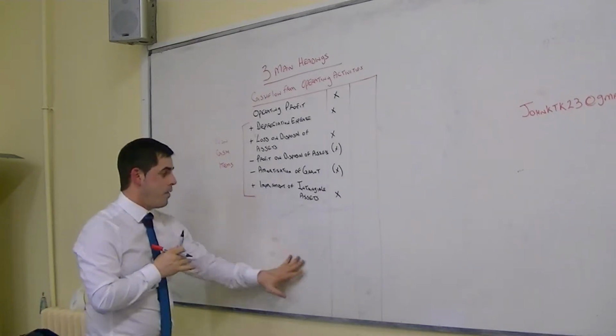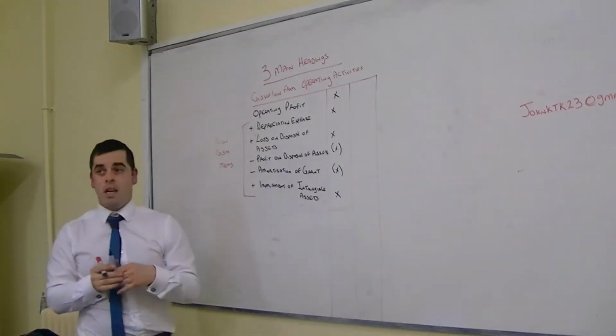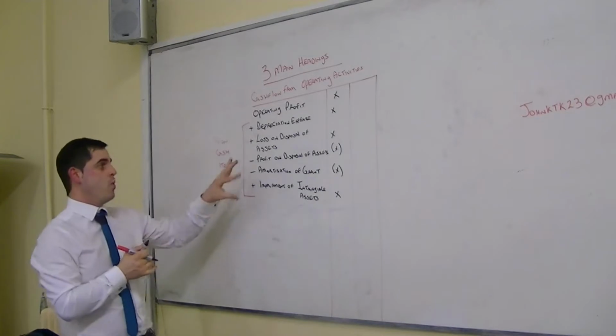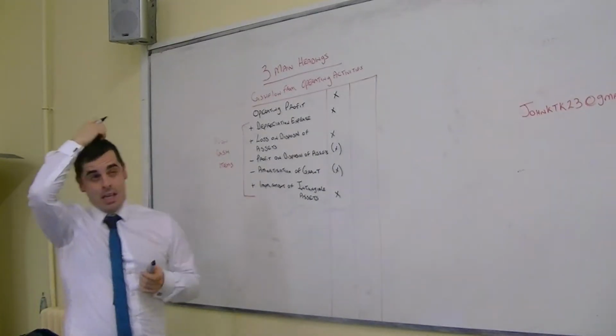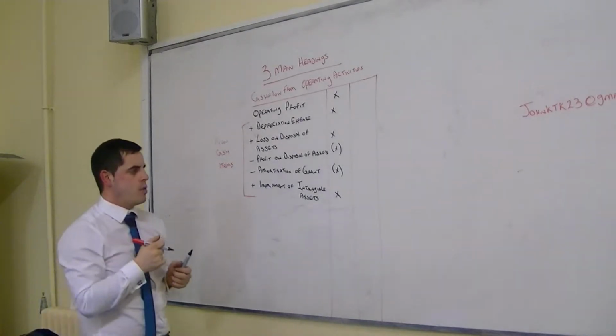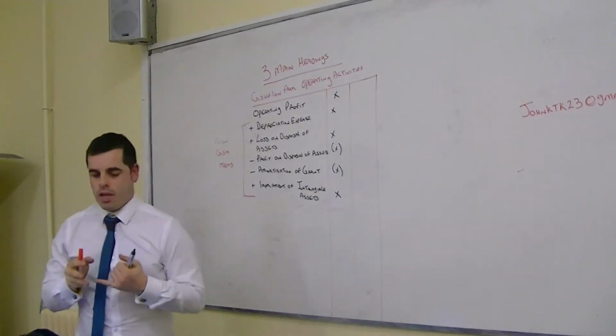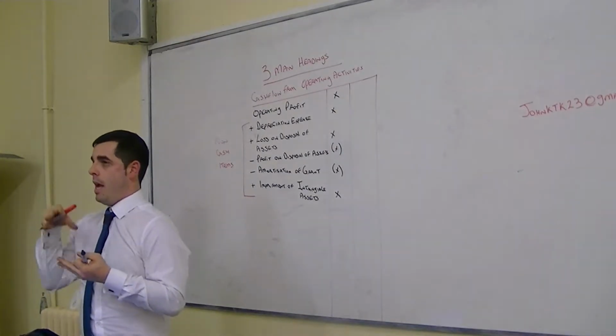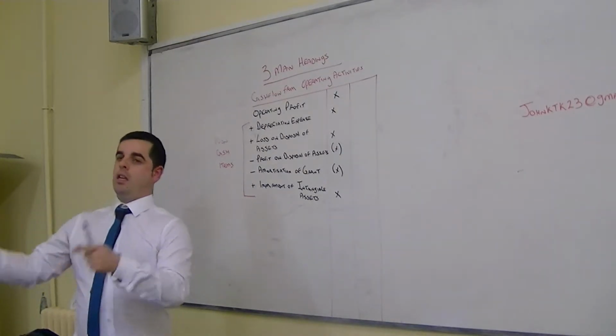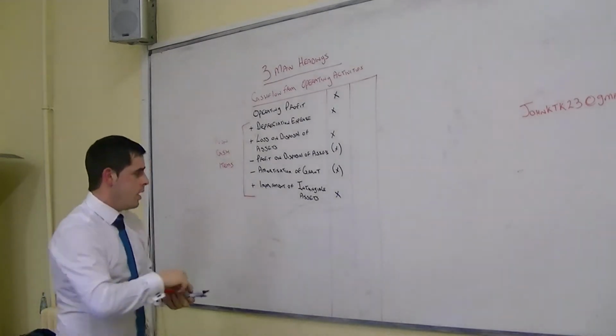Okay, so that would be your first thing you're looking for. So more than likely, definitely depreciation, and maybe one other one will be there. Now moving on from that, the next thing is we're looking at any changes in working capital. So literally what we're looking at there, if you can remember back, is receivables, payables, inventories. You're just seeing have they gone up or down.